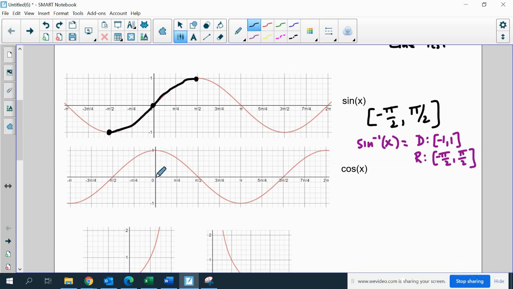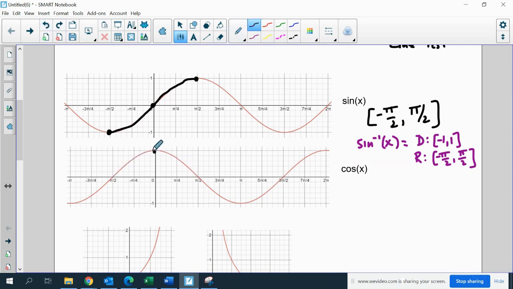For cosine, centered around 0, or as close to 0 as possible, we can't go like this, because that does two things that aren't very good for us. A, it doesn't pass the horizontal line test, and B, it doesn't cover all values of the range of cosine.